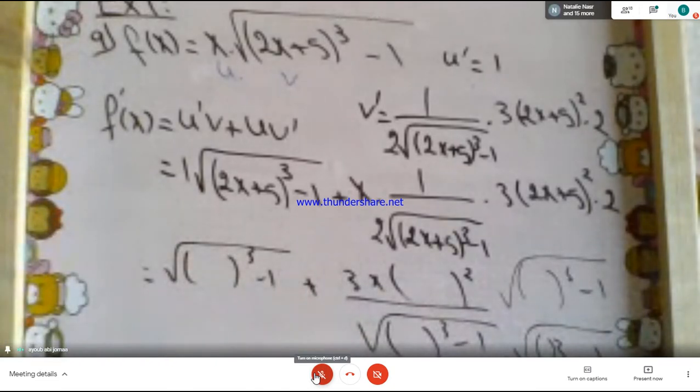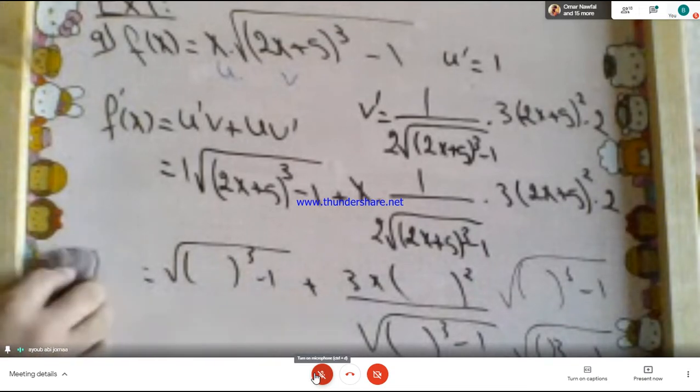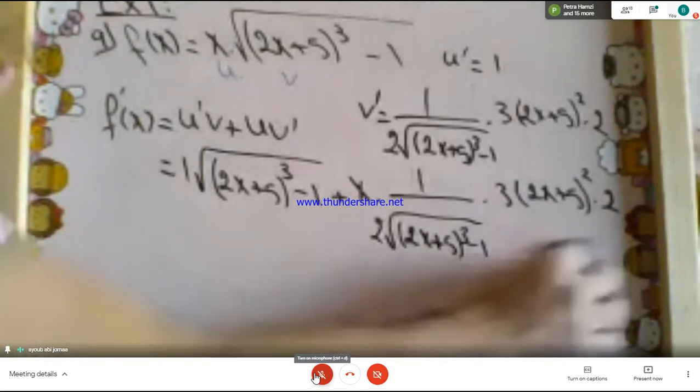Of course, simplification depends on each function.